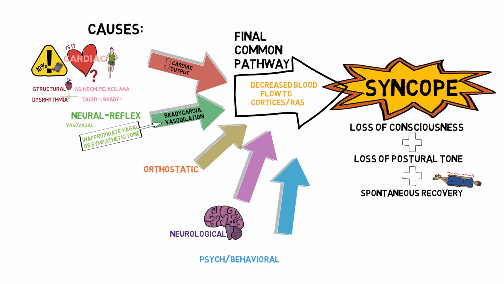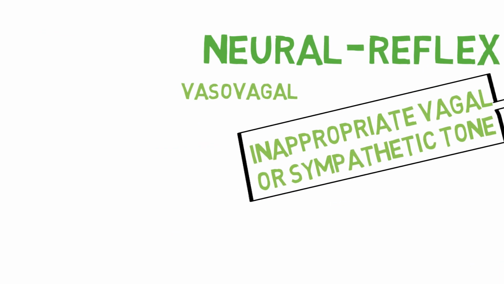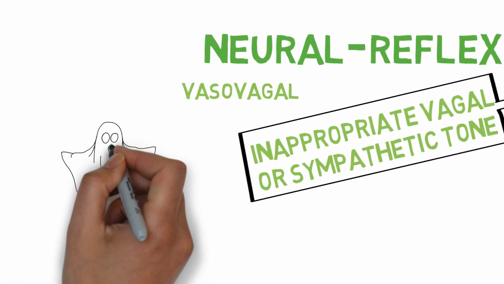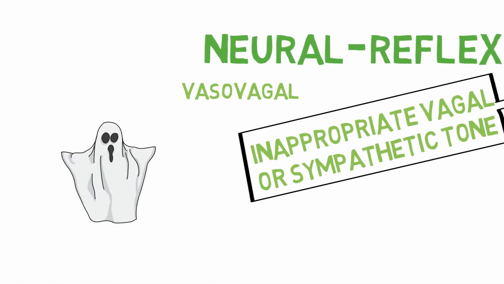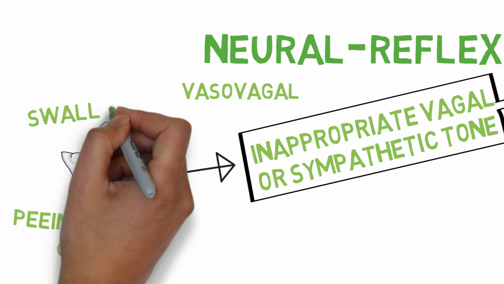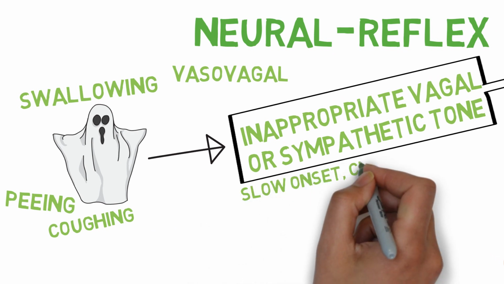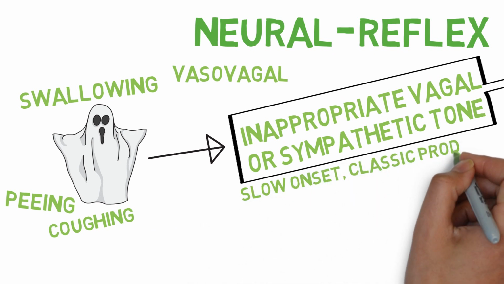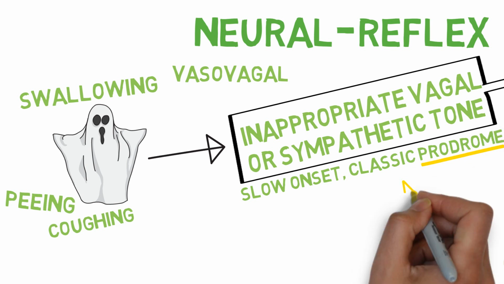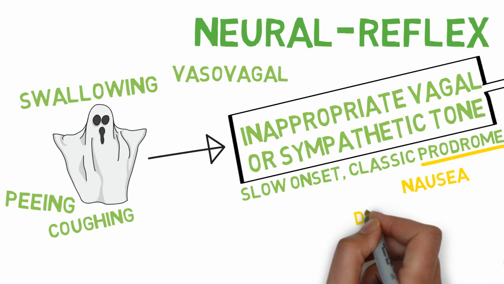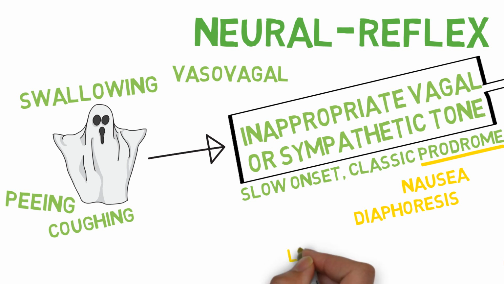This pathway can be triggered by all sorts of different things, including strong emotions, like getting scared by a ghost, or coughing, or peeing, or even swallowing. Any of these things can trigger inappropriate neural tone, accompanied by the slow onset of the classic prodrome, symptoms such as nausea, diaphoresis, and lightheadedness.